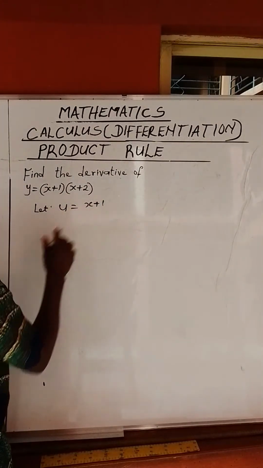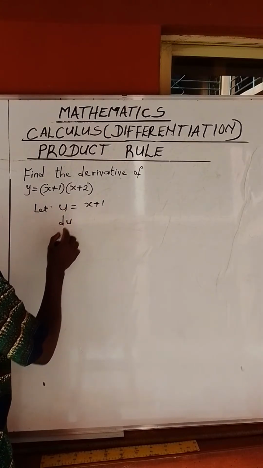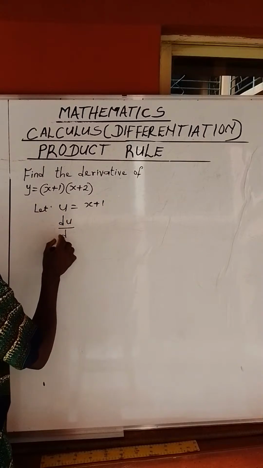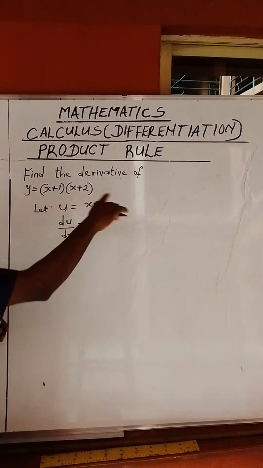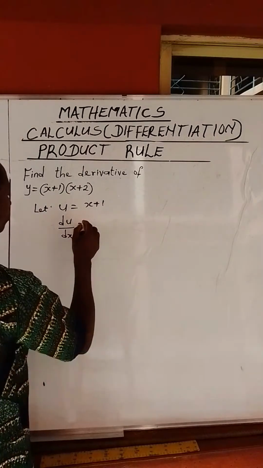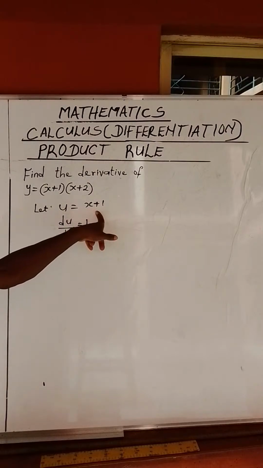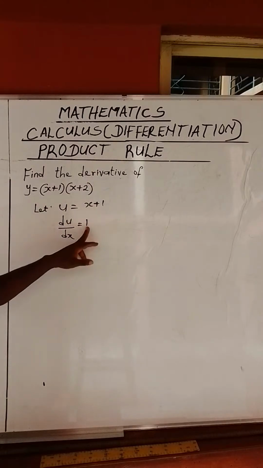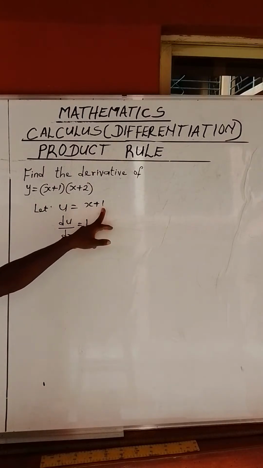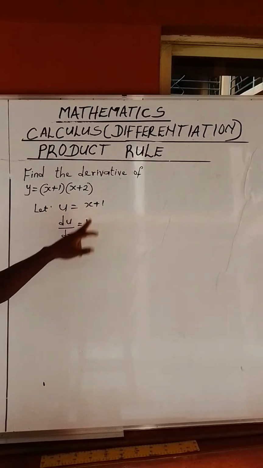If u equals x + 1, then du/dx will be the differential of this. So du/dx is going to be 1. If we differentiate x, we get 1, right? We differentiate x + 1 and get 1, since the differential of a constant is 0, and the differential of x is 1.